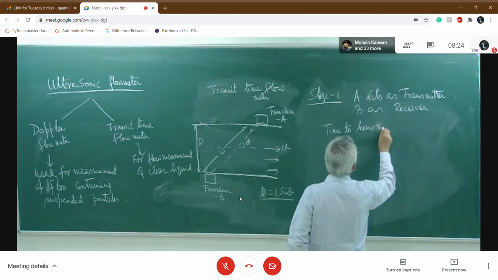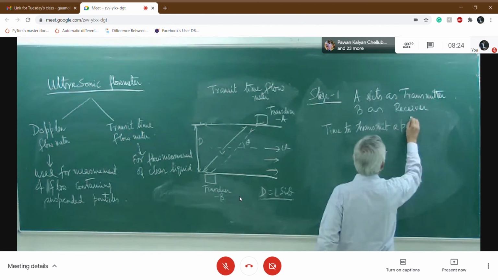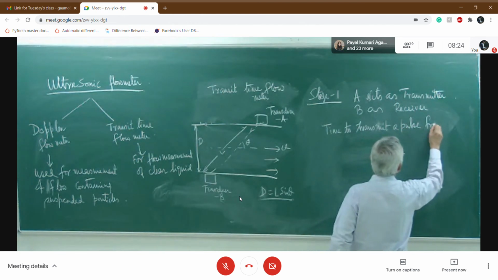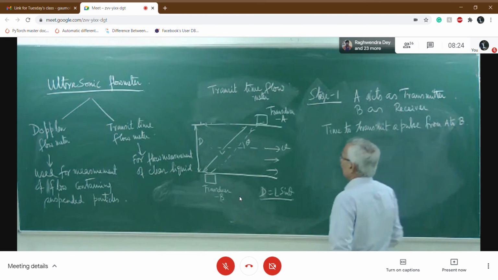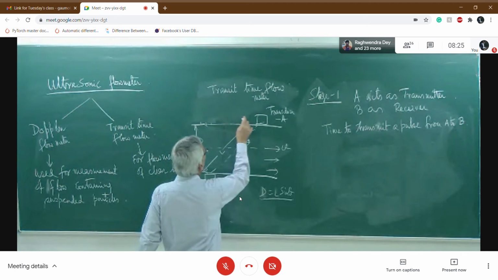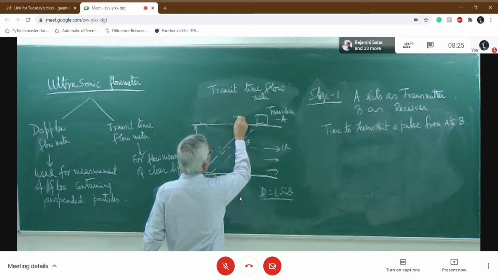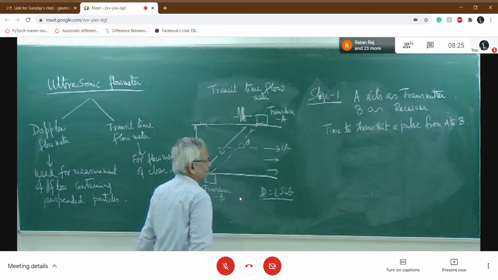Now we transmit a pulse from A to B. Pulse means very high frequency ultrasound sent for some time.